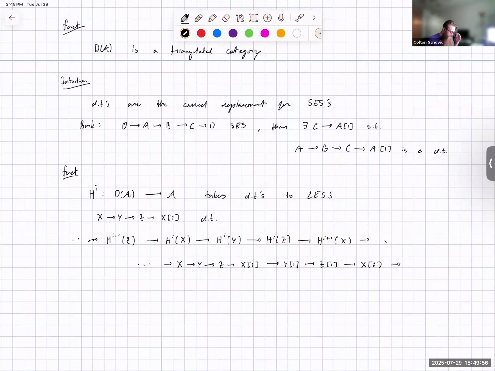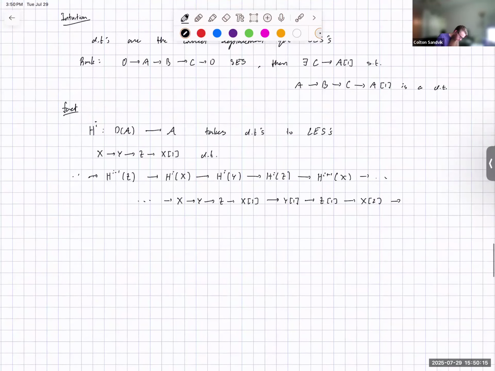Okay, so this is useful because we want a replacement for short exact sequences that allows us to capture this derived notion without having to jump to long exact sequences. And so this looks like a plausible solution. So here's a definition.